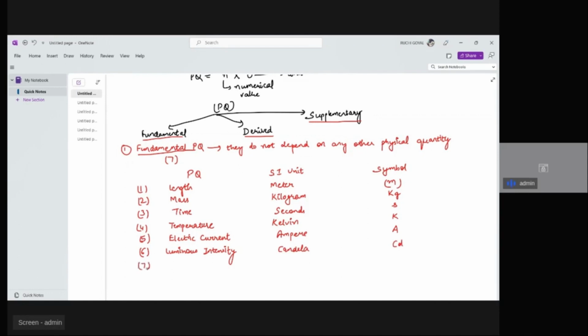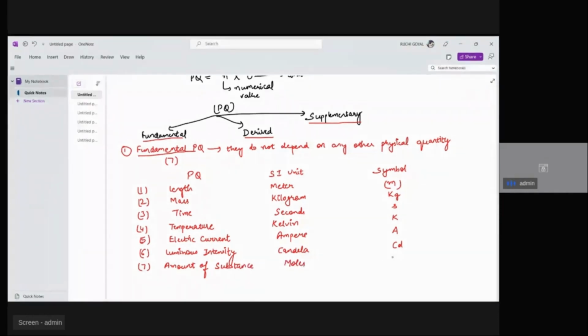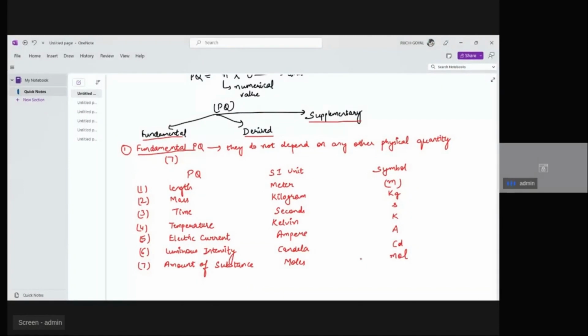The last fundamental physical quantity is amount of substance. Amount of substance is represented in moles, as we all know. What is the symbol of mole? mol, right? So these are the 7 fundamental physical quantities. So the first part is clear.